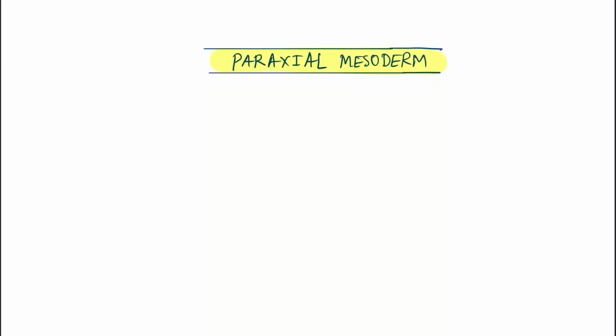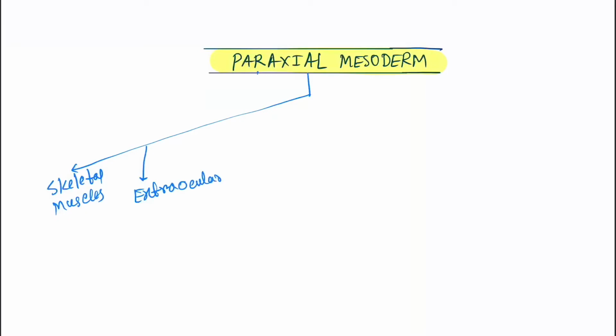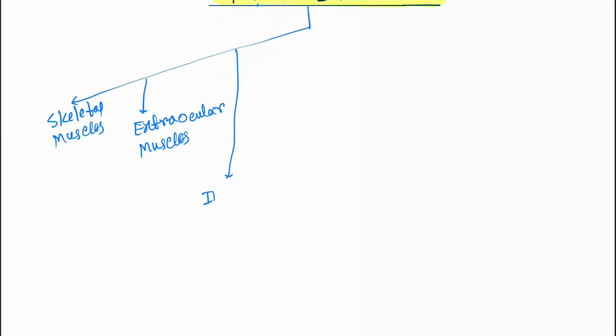So paraxial mesoderm, it forms skeletal muscles, next extraocular muscles, next intrinsic muscles of tongue.